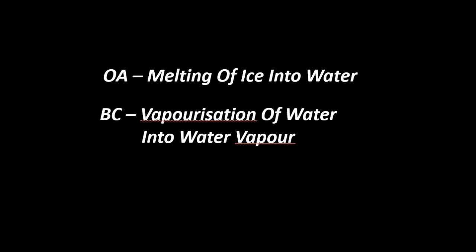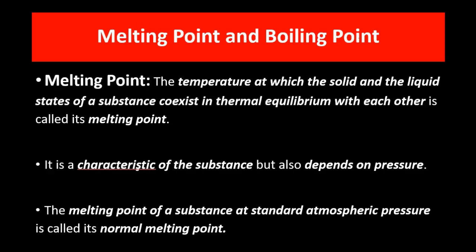So here we have two important points to specify: melting point and boiling point. The melting point, which is the 0 degrees Celsius point, is also called the freezing point if we do it in reverse. Basically it is the temperature at which solid and liquid, in this case ice and water, can coexist in thermal equilibrium with each other.